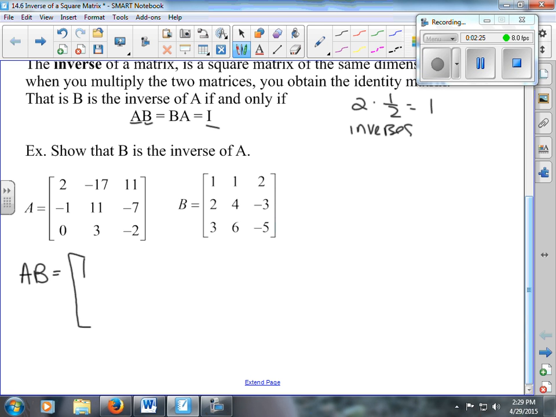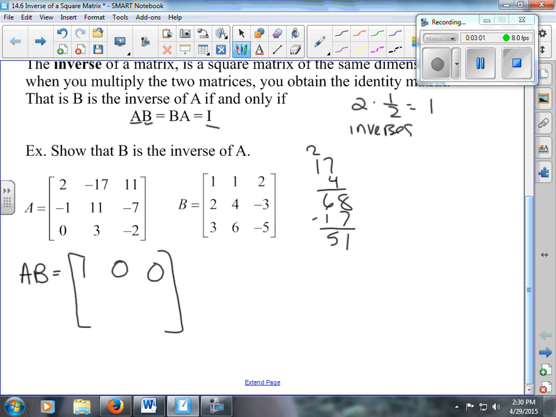Now row 1 by column 2: 2 minus 68 is negative 66, plus 66, that's 0. Now row 1 times column 3 gives me 4 plus 51, which is 55, minus 55 is 0.